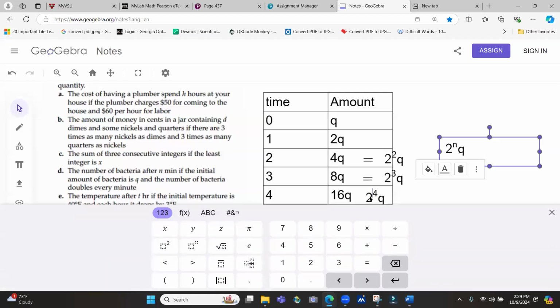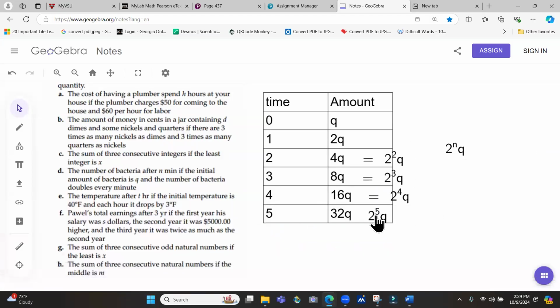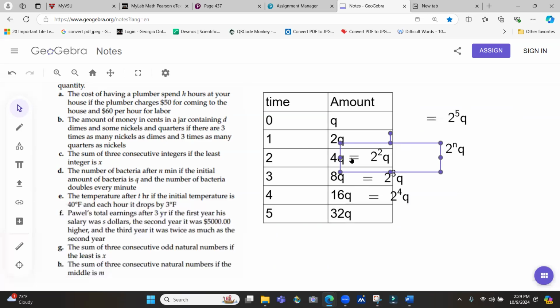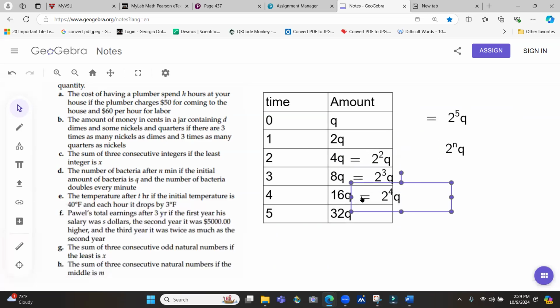I'm going to pause here. Okay. Two to the power n cubed.